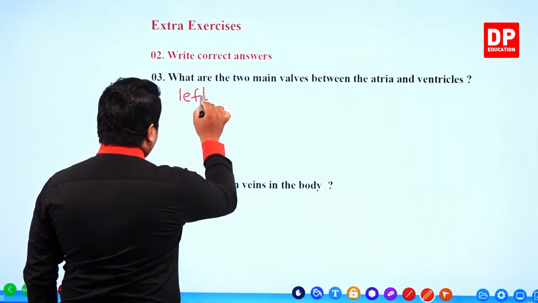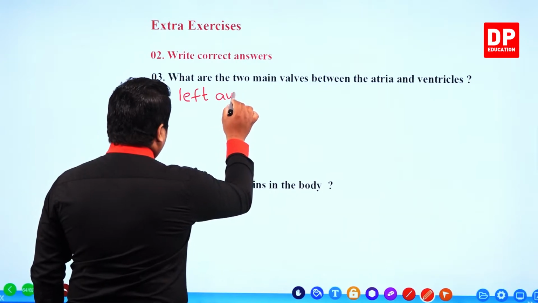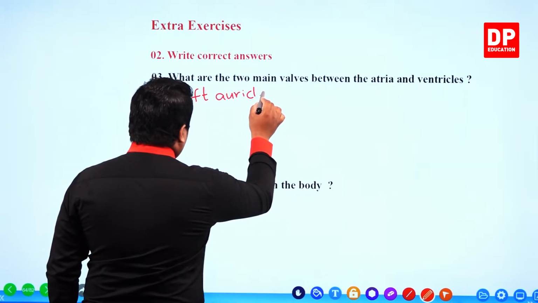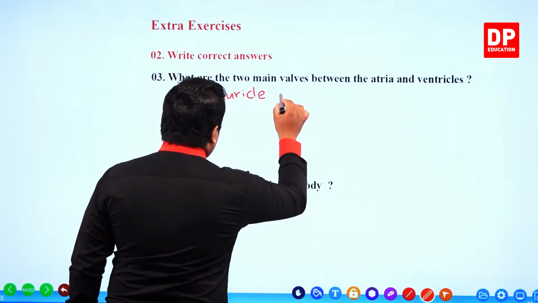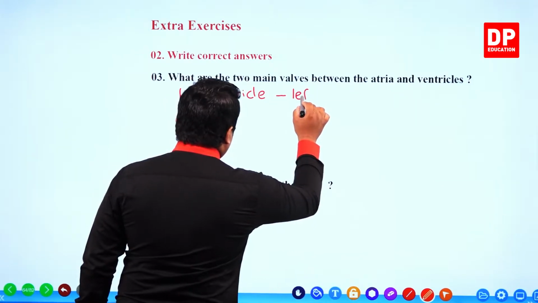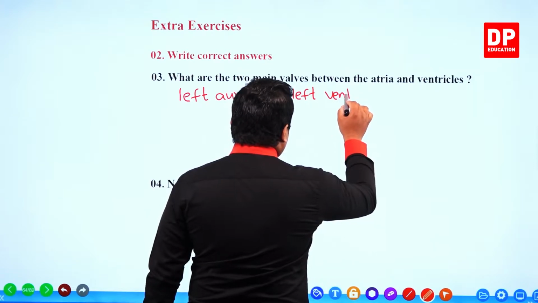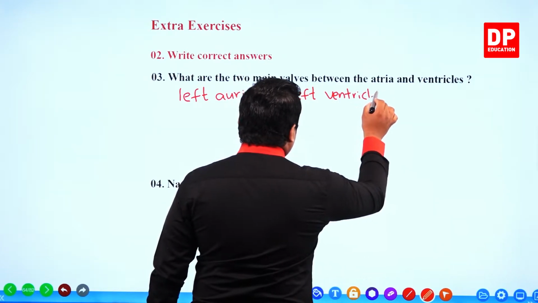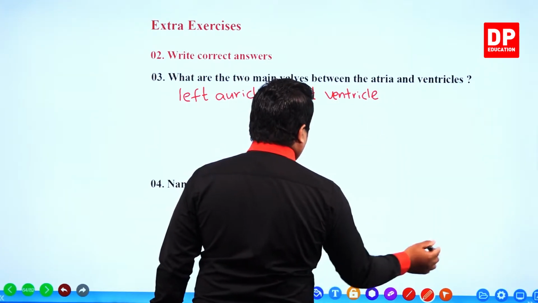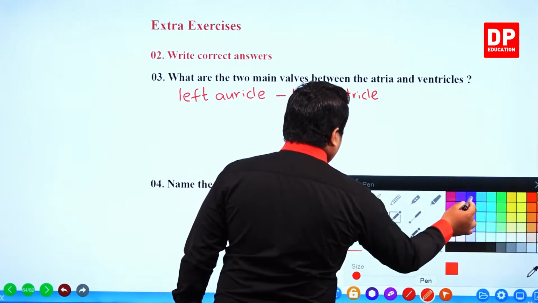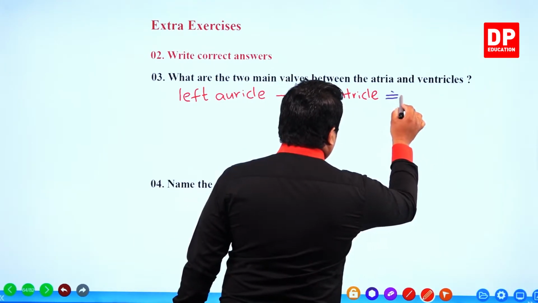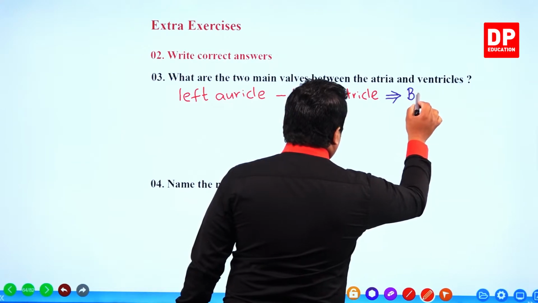So we can write: left auricle, left ventricle, bicuspid valve.